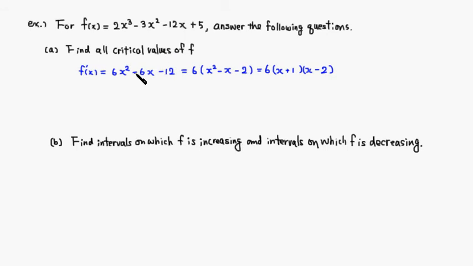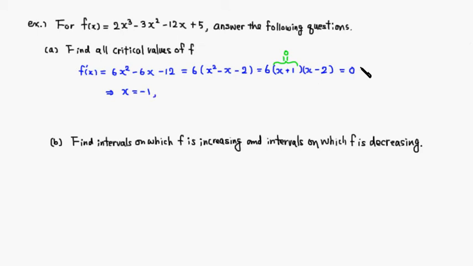For critical values, the derivative is either equal to 0 or undefined. This is a quadratic function, so the derivative is defined everywhere. So we're just going to set it equal to 0. Setting x plus 1 equal to 0, we get x equals negative 1.